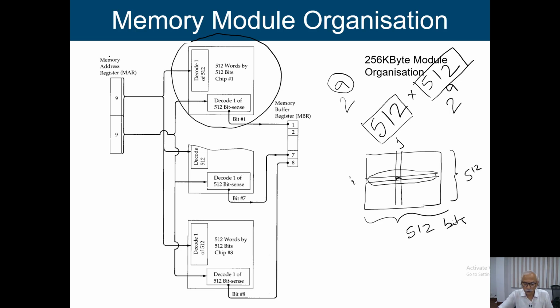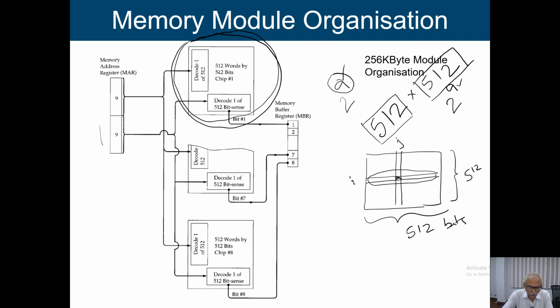We need 9 bits of address for selecting a row, and inside that row, to select a particular bit, I need another 9 bits. So 9 plus 9, a total of 18 bits of address, is given to this memory chip.